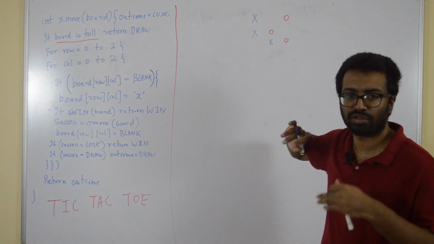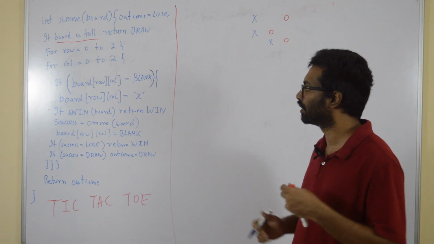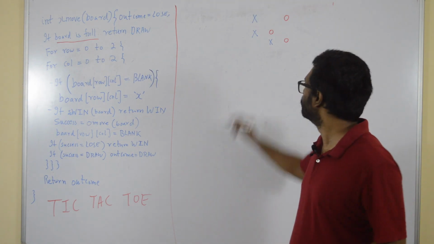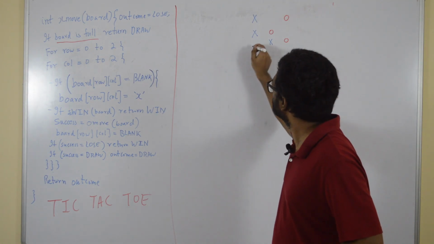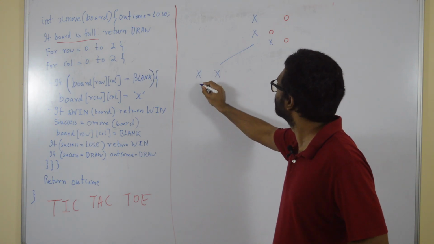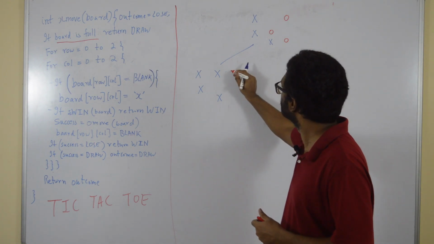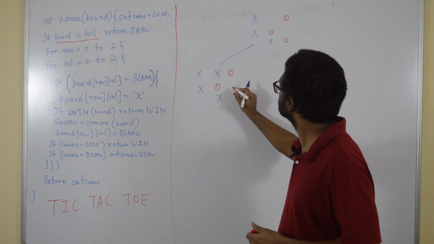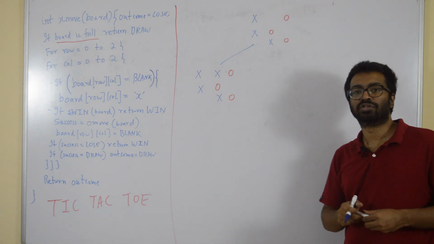So it's going to put X there and it's going to call the function O move with this changed board. So I'm going to draw that here. Okay. So this is the case.